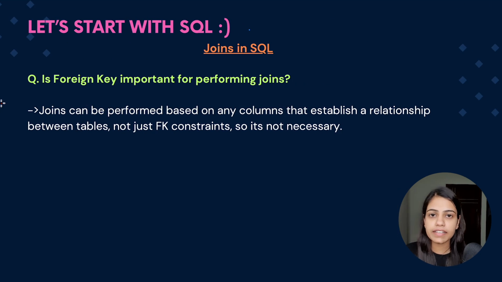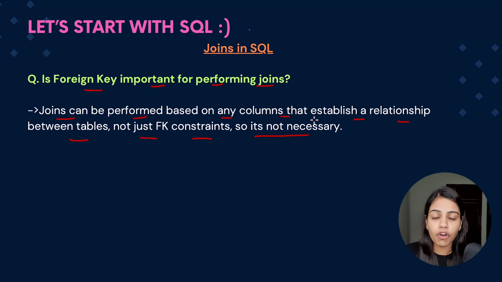Now as I told you, there is a shared or common column between these two tables. So a doubt which might come to your mind is that whenever there is a common column between two tables, we establish a relationship using foreign keys. So is foreign key important for performing joins? The answer is, a join can be performed based on any column that establishes a relationship between two tables, not just foreign key constraints. So it's not necessary to have a foreign key present in one of the tables.